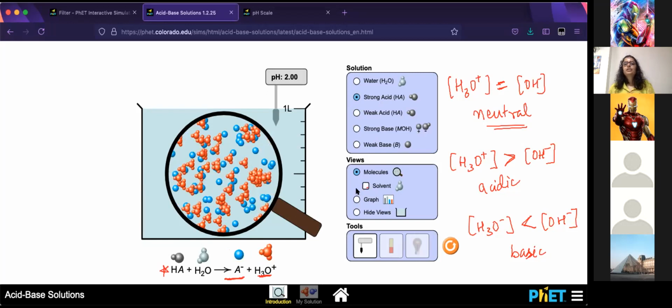Okay. So if I have a solution of a strong acid, what ions do you observe in the solution? Make a note of it. H plus, the H3O plus, orange colored, and what other ions? Ma'am, do we need to make a note of this equation?